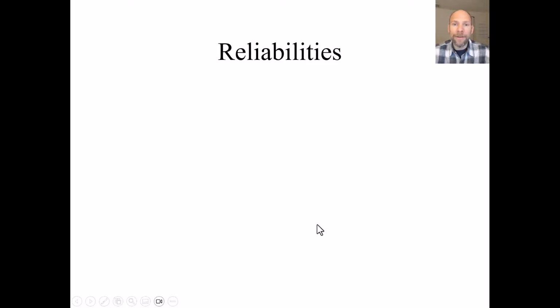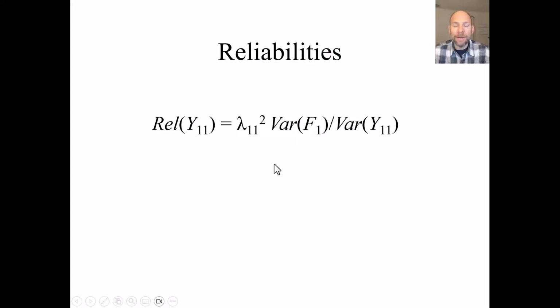But based on the factor loadings and variance components, we can estimate the reliabilities of the indicators. The reliability of the first variable would be given as the unstandardized lambda squared times the variance of the factor, which is estimated as part of the model, divided by the variance of y11, which is also estimated as a model implied variance.